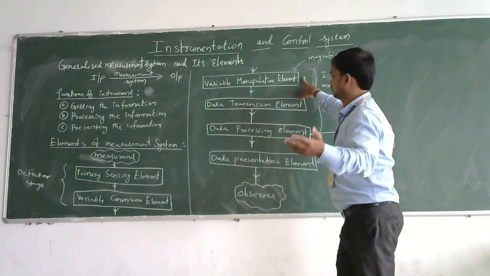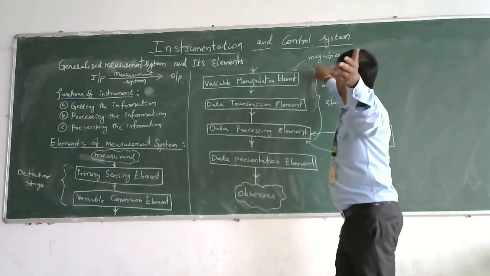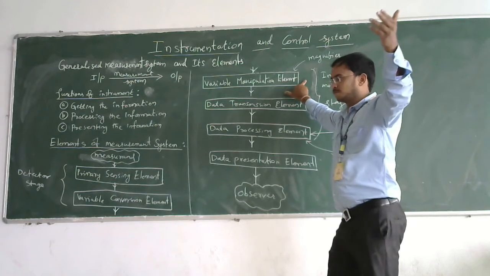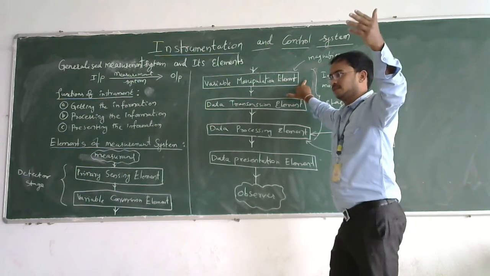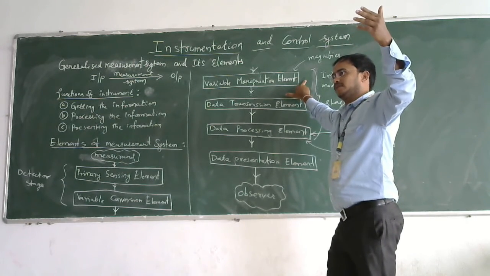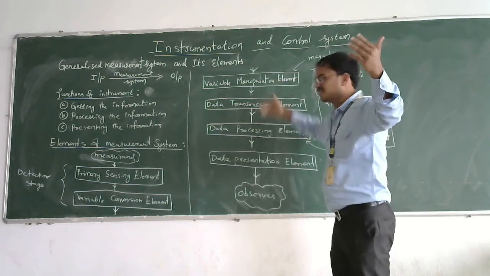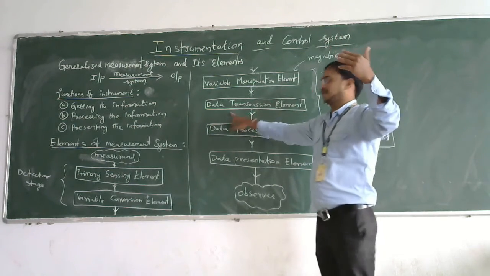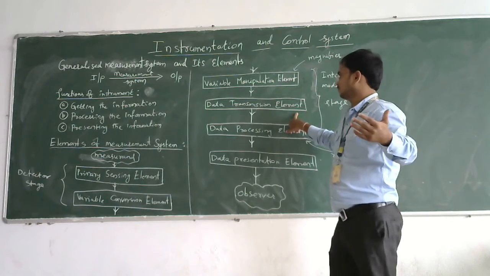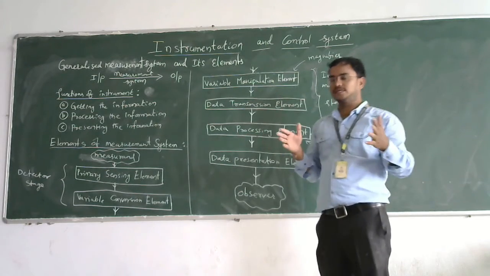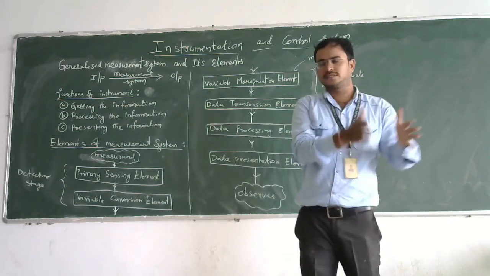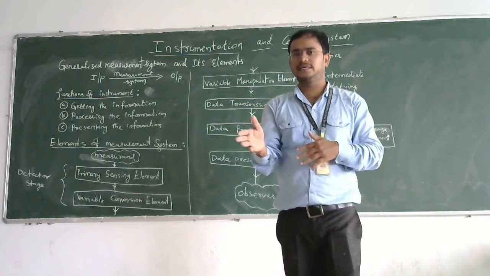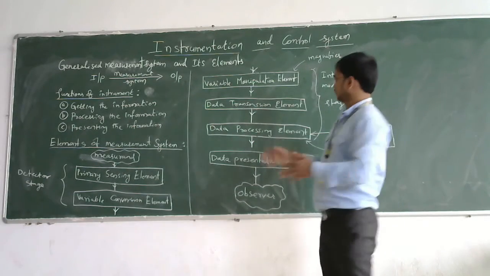It is multiplying with some value such that the signal is magnified, so that you can easily process it in coming stages. So, the manipulation element, next the data transmission element: data is getting transmitted from one stage to the other stage, like from a shaft to a gear or gear to a shaft.